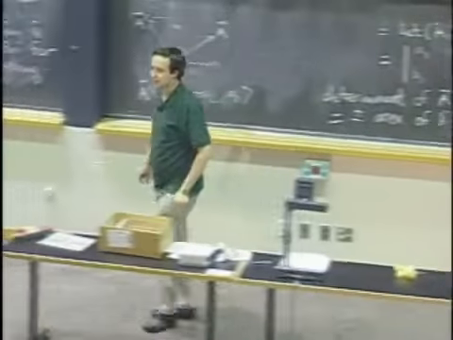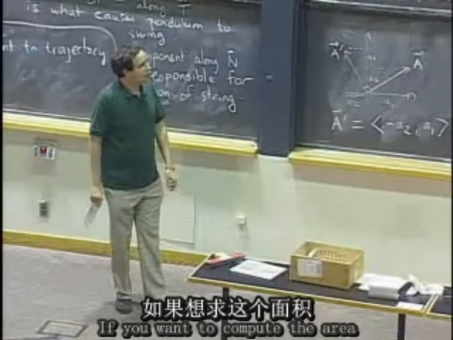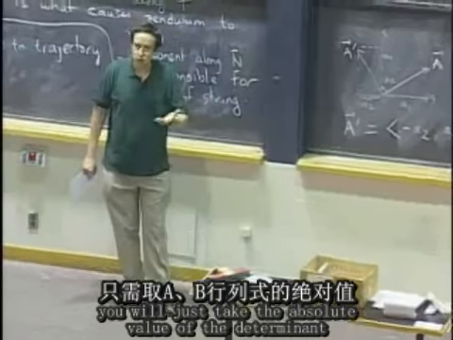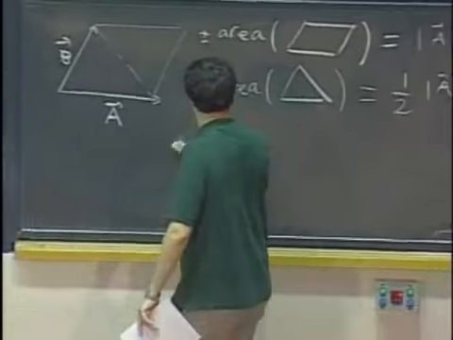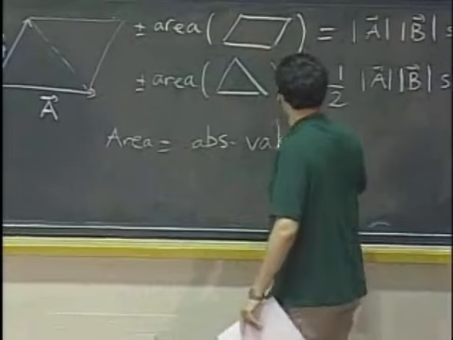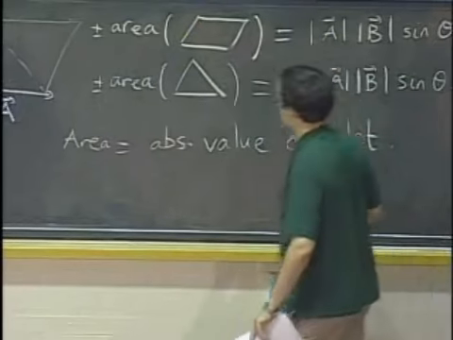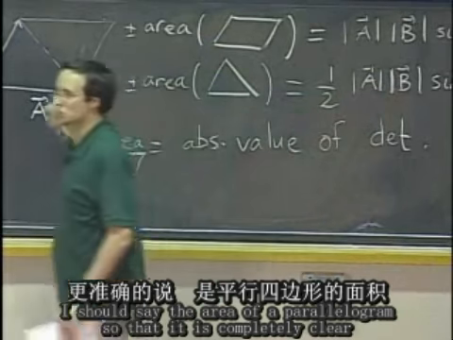The determinant could be negative or positive. How do you fix it? So if you want to compute the area, you will just take the absolute value of a determinant. Okay? So area will be, well, I should say the area of a parallelogram, so that it's completely clear.